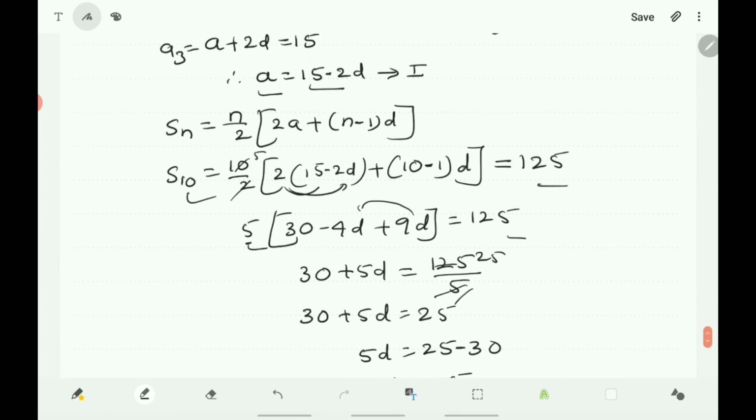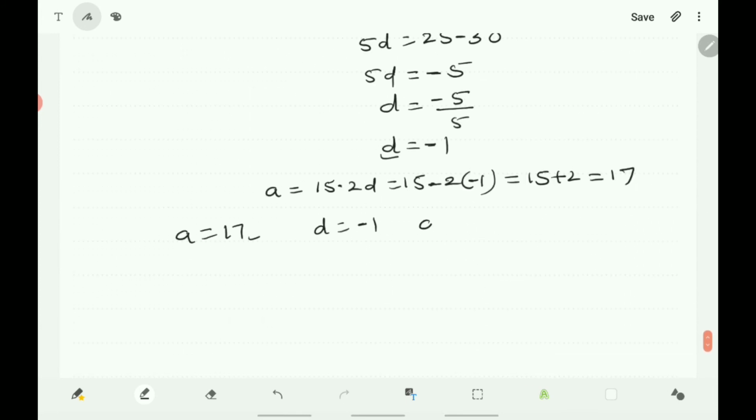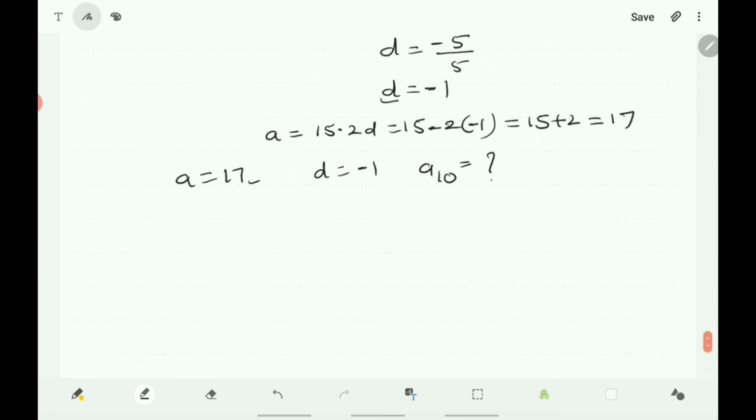Here what you have to find out? That is a10. Find a10. a10 is equal to unknown. Then use the formula for an. an is equal to a plus n minus 1 into d. So a10 is equal to 17 plus 10 minus 1 into d.